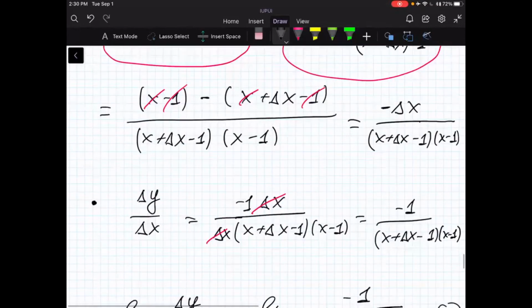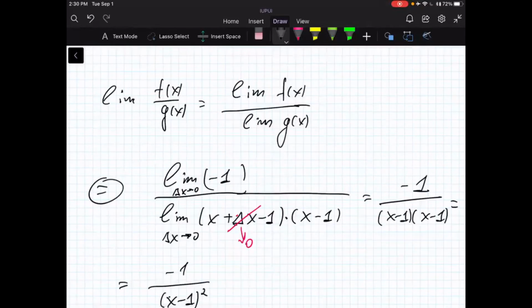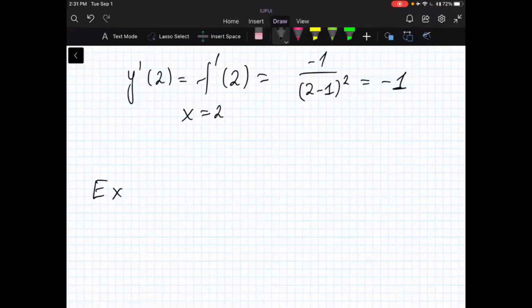But after we do that, the rest was quite straightforward. Another example when you will not have cancellations at the first step is when you have some irrationality, like f of x is square root of x plus 2. And we want to calculate the derivative of this function.